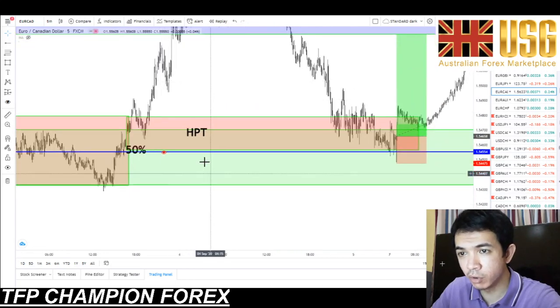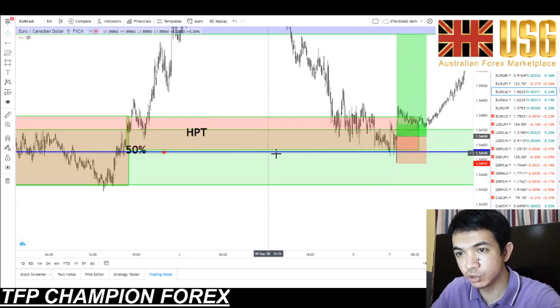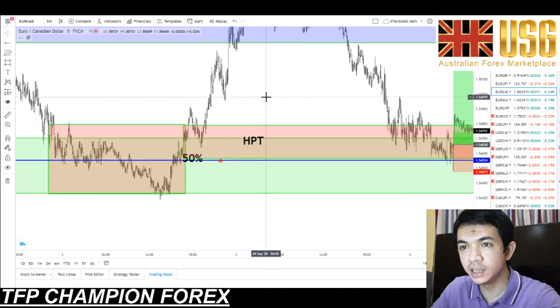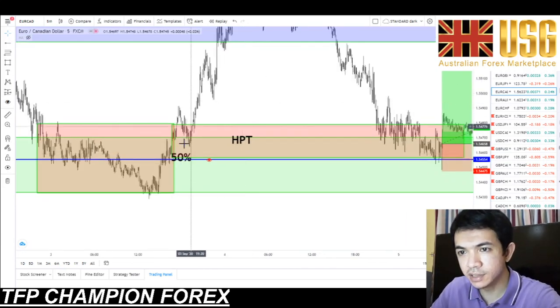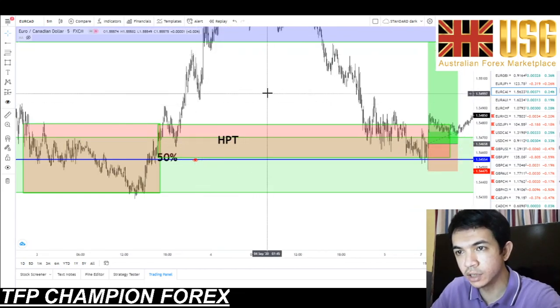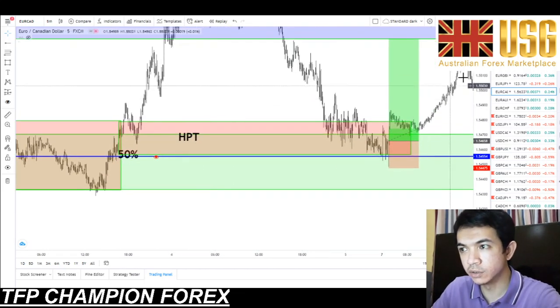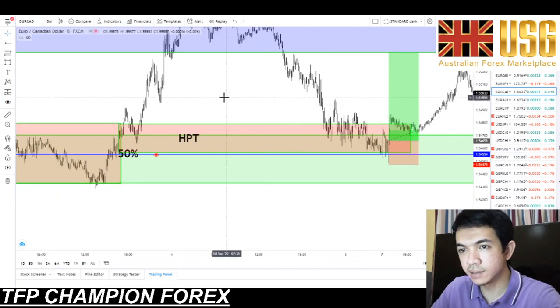But if the price broke through this 50% and showed a lot of selling pressure, definitely you will now have to abandon the trade opportunity and look for another entry, or look for another opportunity at the next currency pair.